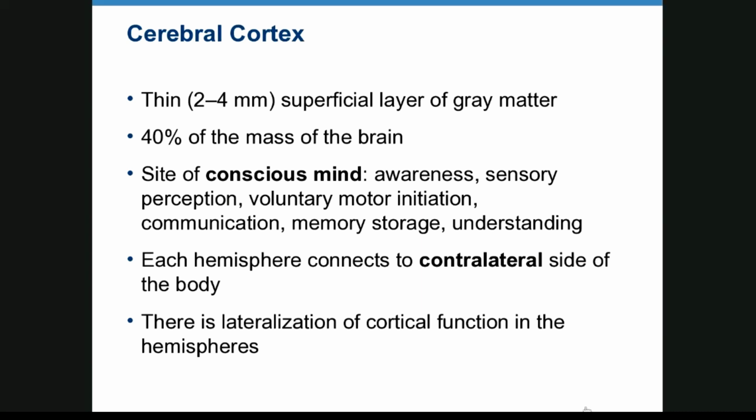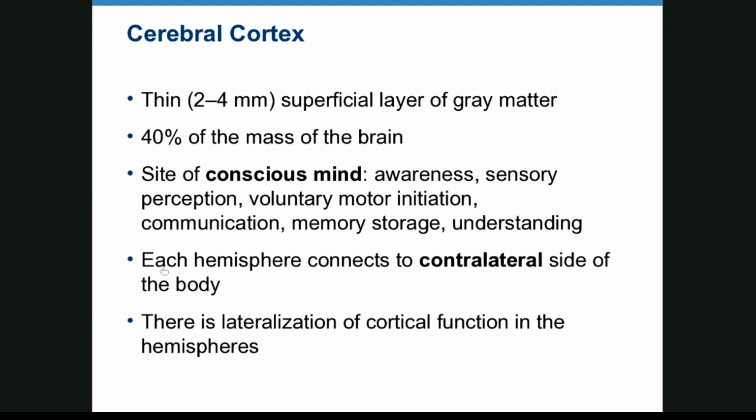Cerebral cortex has a very thin superficial layer of gray matter, 4 millimeters or so, and makes up 40% of the mass of the brain. This is where your conscious mind resides. Your awareness, sensory perception, voluntary motor initiation, communication, memory storage, understanding, everything that makes you be you is located in the cerebral cortex.